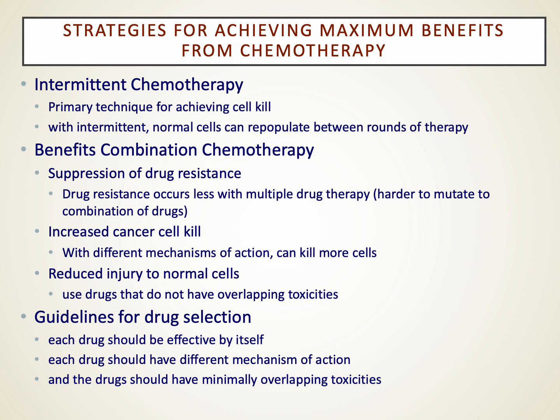But we can look at the different mechanisms, which can target different cells in different ways, and also maybe reduce the toxicity seen in normal cells by mixing and matching regimens that make sense. So the guidelines for drug selection are continually evolving.